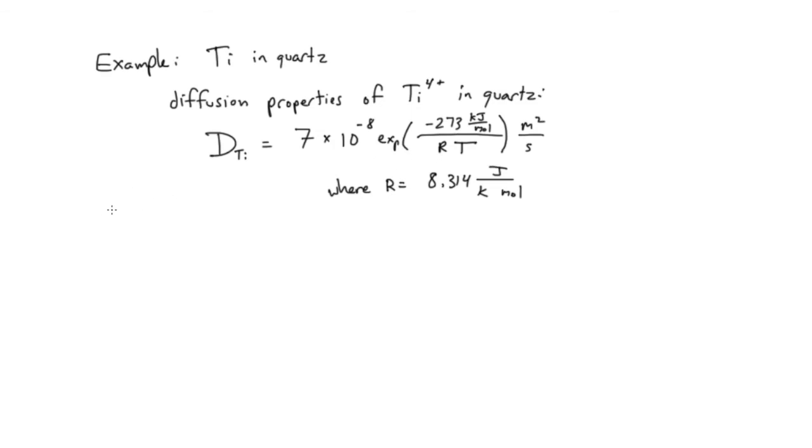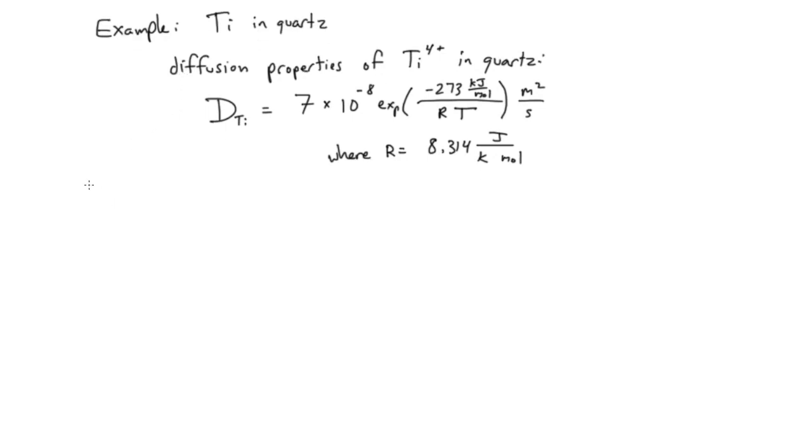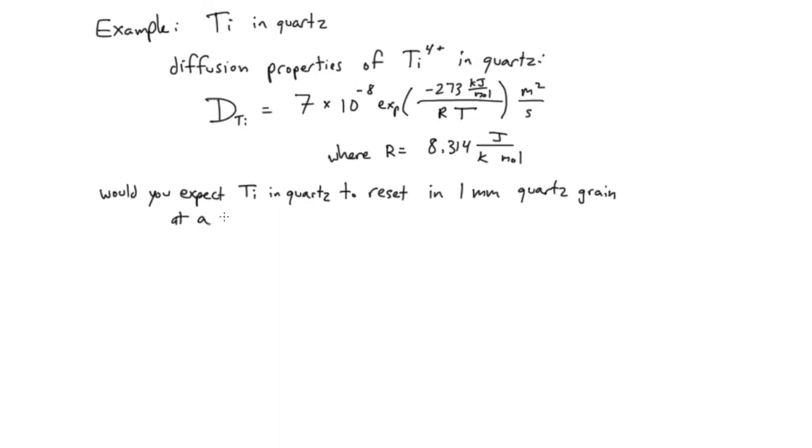So the question, the sample question: would you expect titanium in quartz to reset, to change its composition, to adjust or diffuse in a 1 millimeter quartz grain at a temperature of 573 degrees Kelvin?